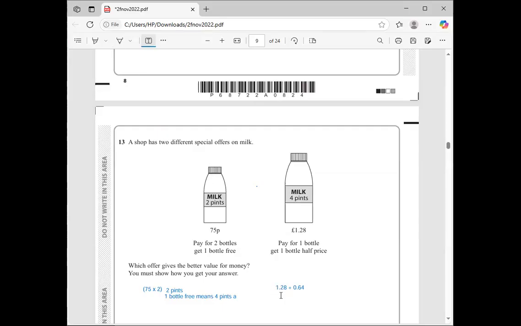This one should have a better value. So one bottle is 4 pints for this big one. Half the price is another 4 pints. That's how many altogether? 8 pints. Okay. So it says which offer gives better value for money?